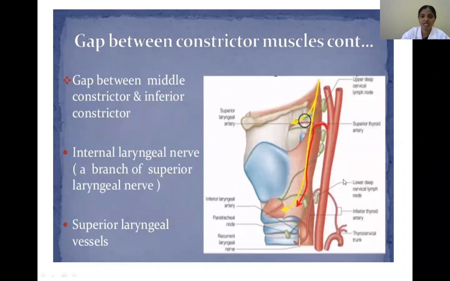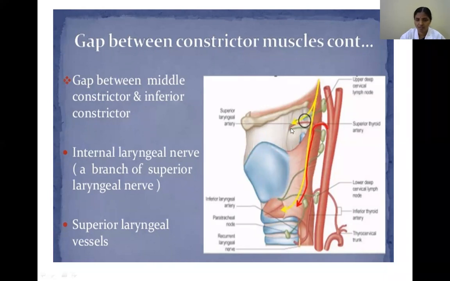Then the gap between the middle and inferior constrictor muscles. Between the middle and inferior constrictors, what structures are passing? This is the thyroid lamina, and the thyropharyngeus muscle. Here this is the middle constrictor. Between the middle and inferior constrictor, this is a space covered by a membrane extending from the thyroid lamina to the hyoid bone, the thyrohyoid membrane.